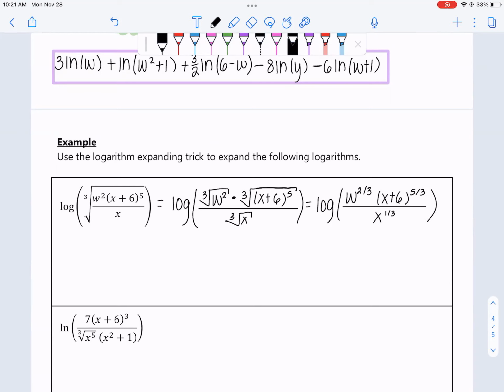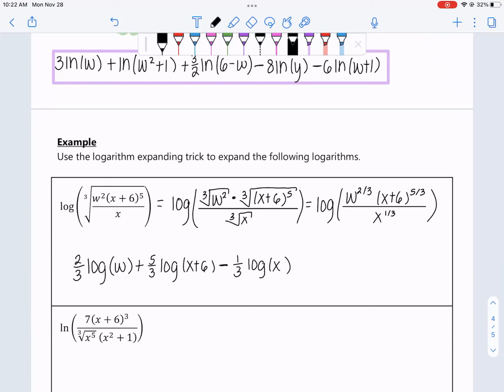So splitting that up, in the numerator, we have the w to the 2/3, so we have 2/3 log of w. The next thing we have in the numerator, so plus, is x plus 6 raised to the 5/3, so that we have that 5/3 log of x plus 6. In the denominator, minus sign, exponent is 1/3 of x.